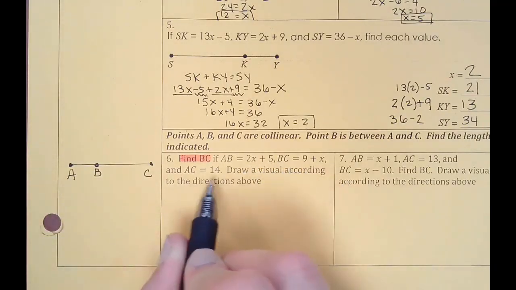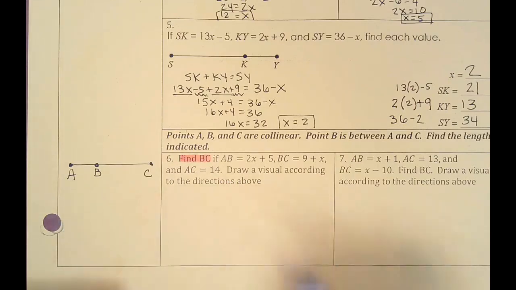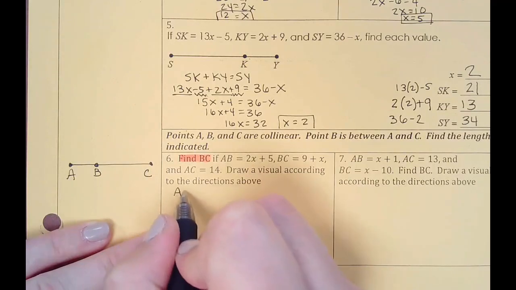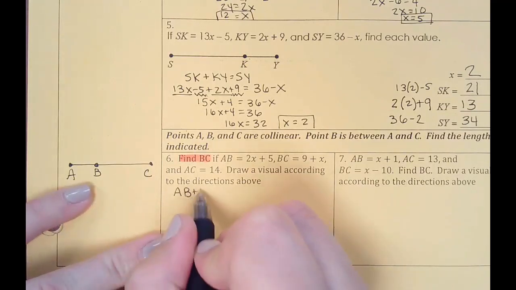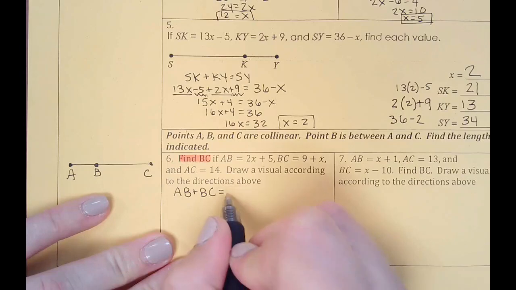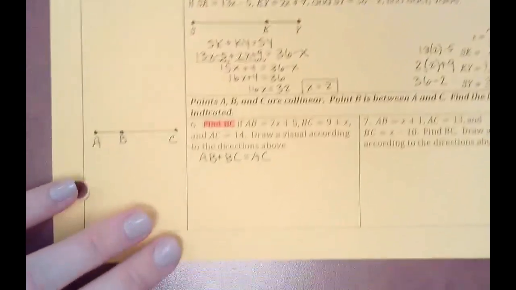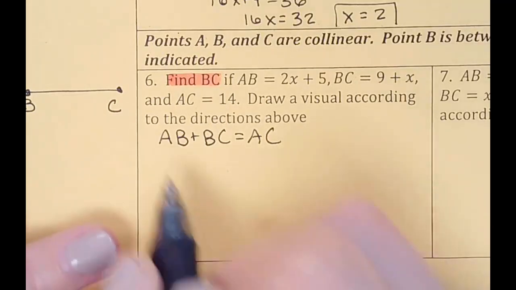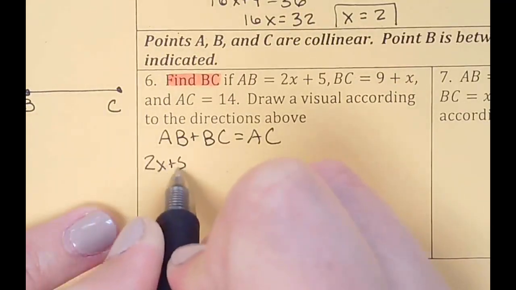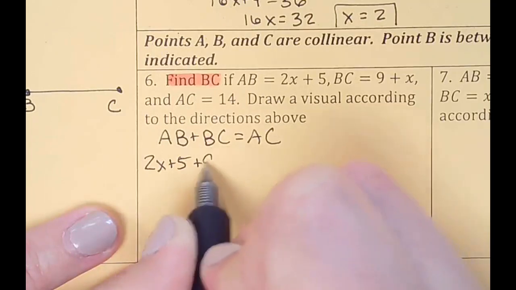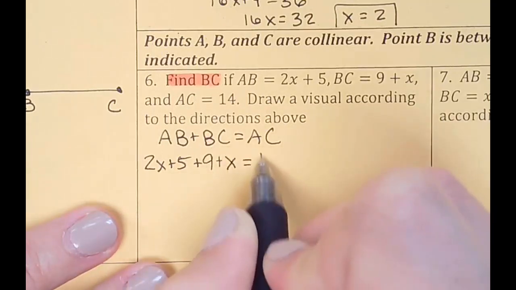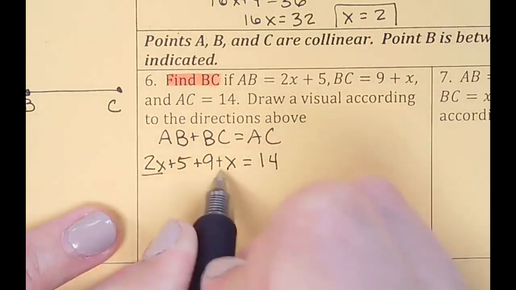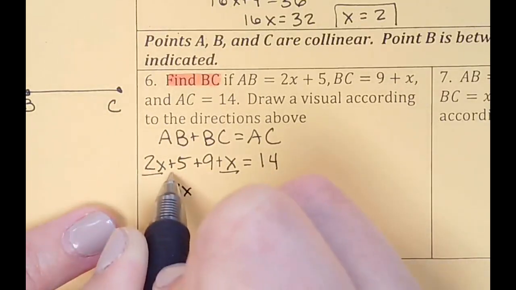So we set it up just like we set all these up. A, B, first segment, plus BC, the second segment, equals A to C, the third segment. Plug and chug. We have 2x plus 5 plus BC, so 9 plus x, equals AC, 14. Combine your like terms. 2x plus x is 3x. 5 plus 9 is 14, equals 14.